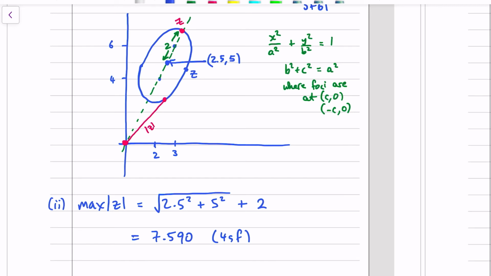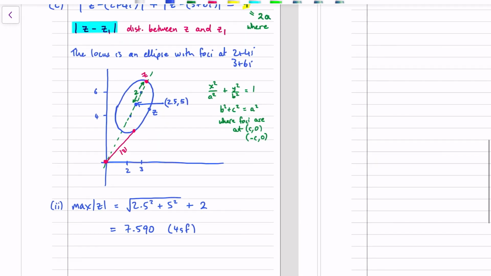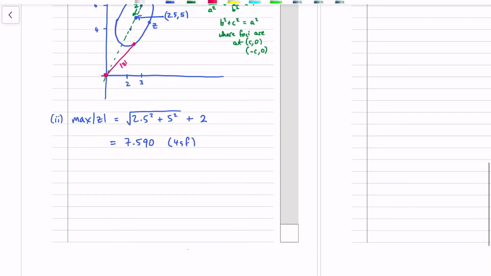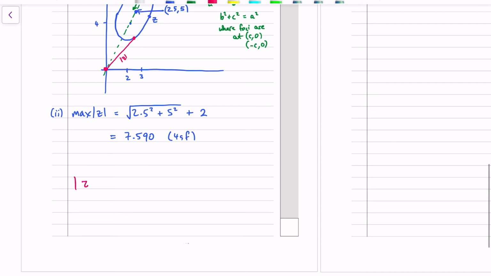Okay, that's quite a tricky question if you don't have the basics of the geometry of the locus questions. So other ones that you should be familiar with is if you had something like z minus a complex number z1 is equal to, say, a constant k, that would be a circle centered at z1, radius equals k.